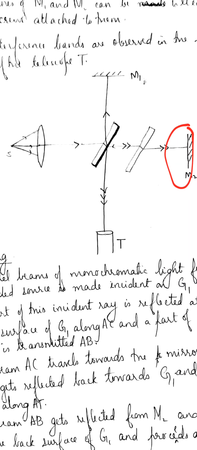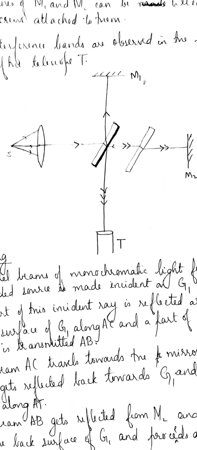It can be moved backward and forward using a micrometer screw, and the distance moved can be measured or read. The planes of M1 and M2 can be tilted like this or like this. The planes of these mirrors can be tilted by means of screws.